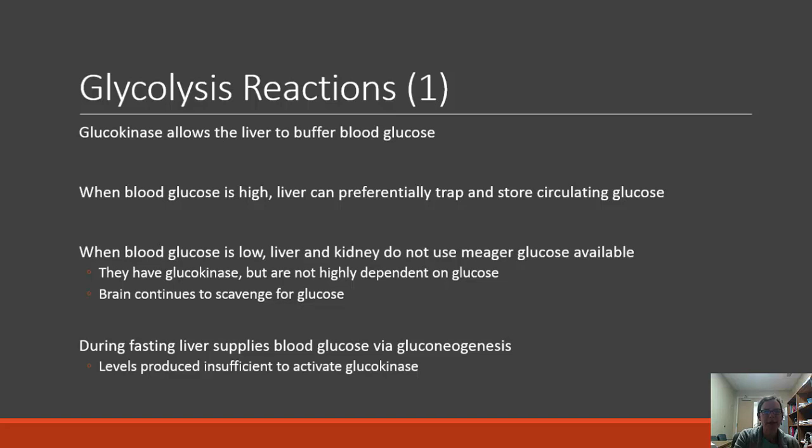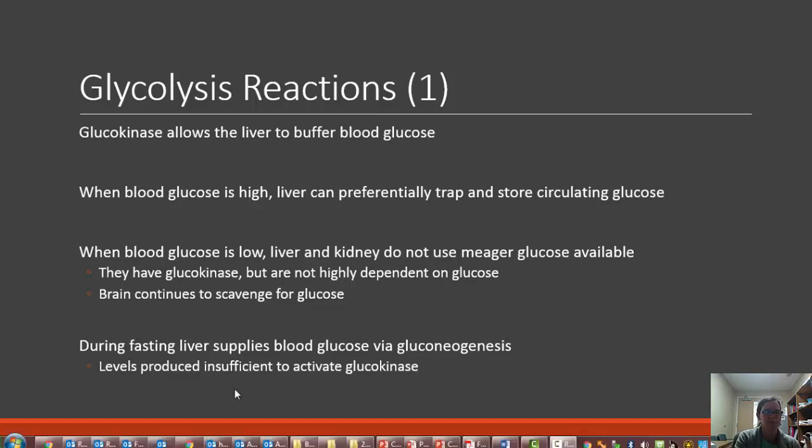Sorry, that sentence is a little bit misleading. When I first read through that, I was thinking it was G6P phosphatase, but that's not where we're going with this conversation. Basically, when blood glucose is high, the liver can preferentially trap the circulating glucose and store it, because we are phosphorylating it and trapping it in the cell.